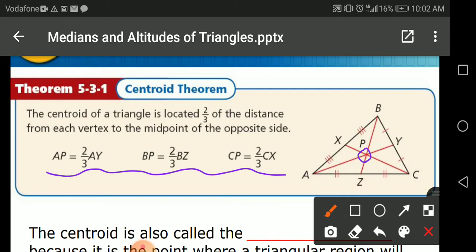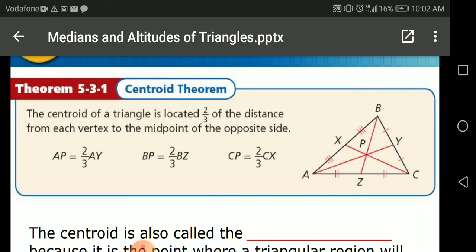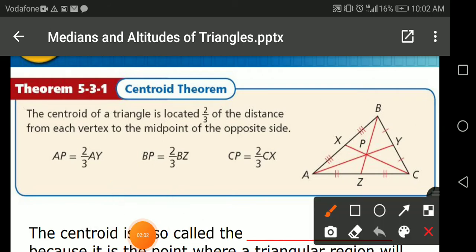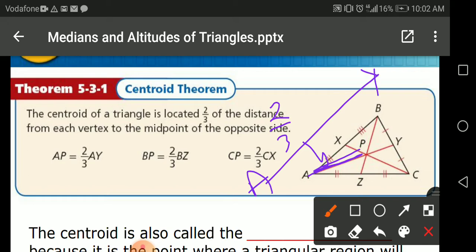So the distance AP, can you see AP? It's two thirds of AY. Again, this segment AP is 2/3 of the whole one, which is AY.